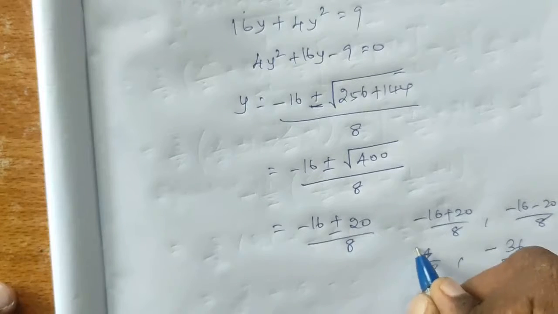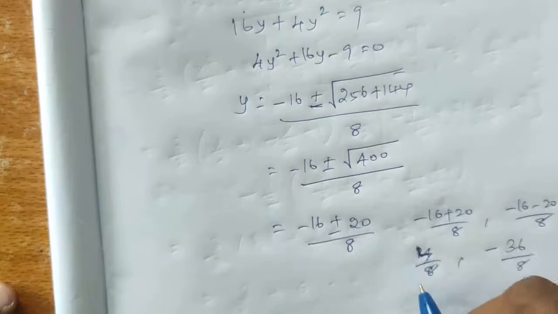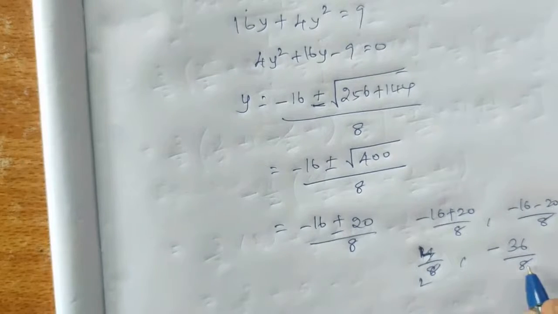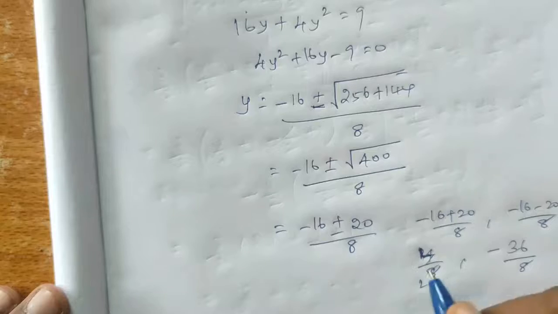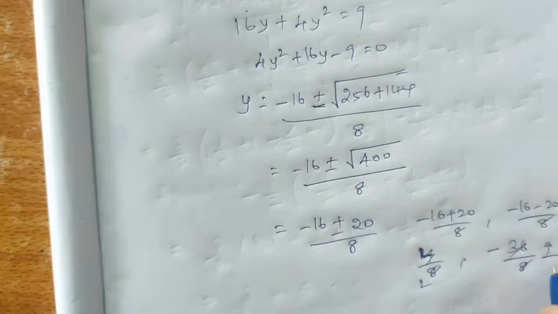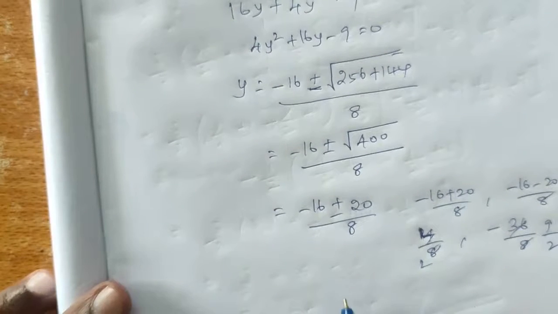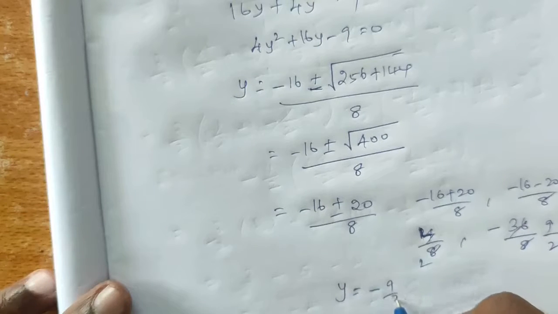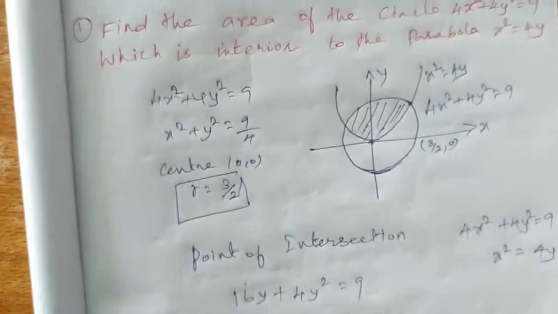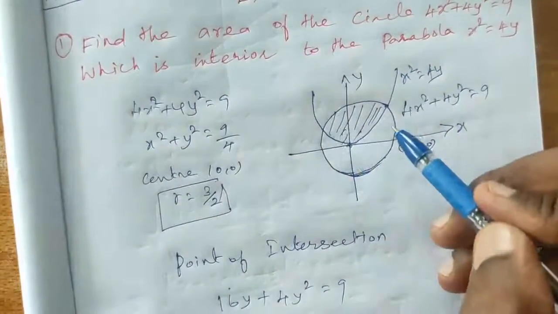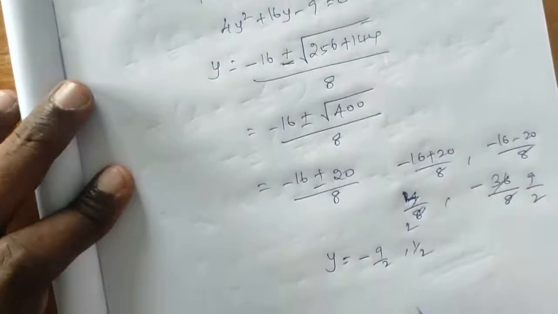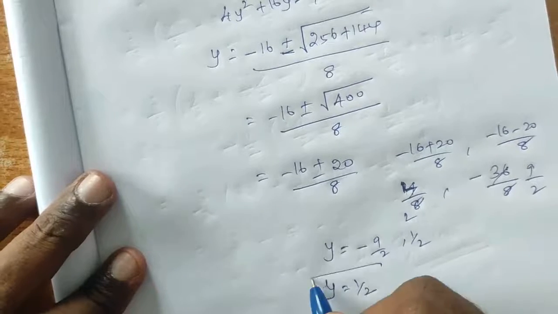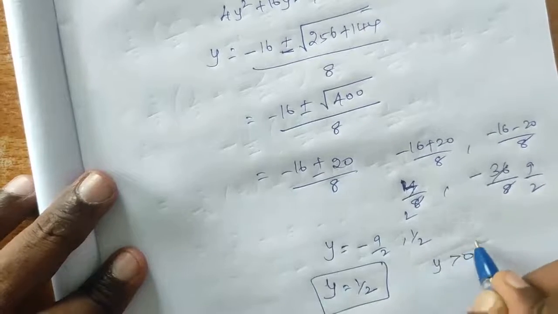So 4 by 8 is 1 by 2, and 36 by 8 is 9 by 2. So values of y are minus 9 by 2 comma 1 by 2. Because in our region y is greater than 0, we can neglect y is equal to minus 9 by 2. So we can take y is equal to 1 by 2.